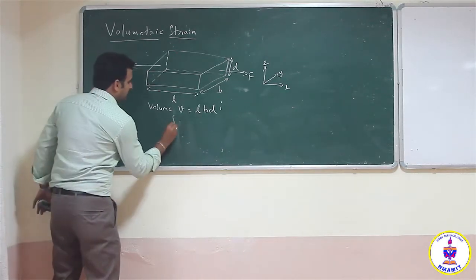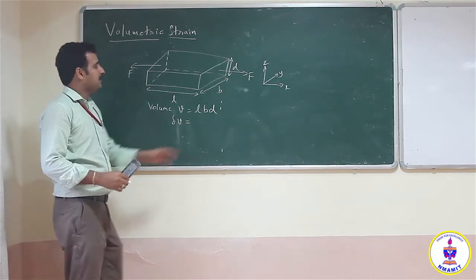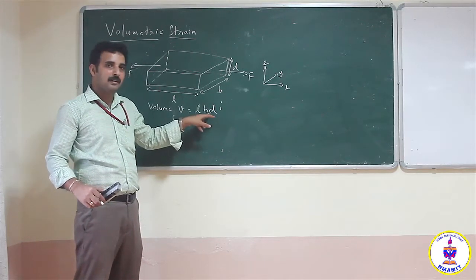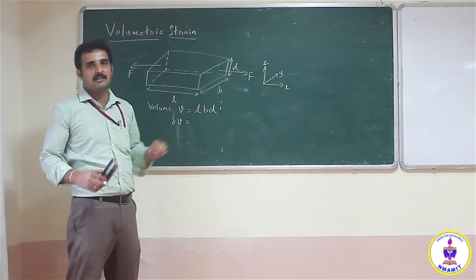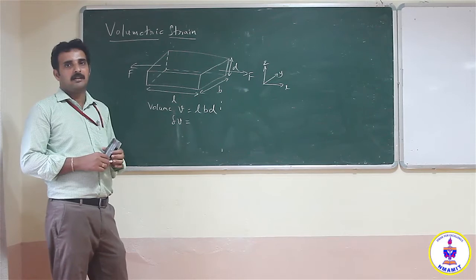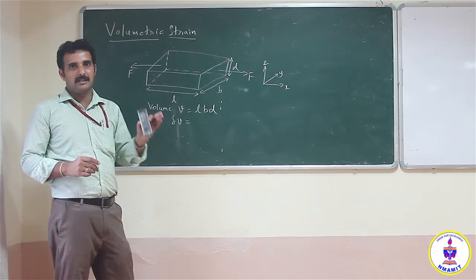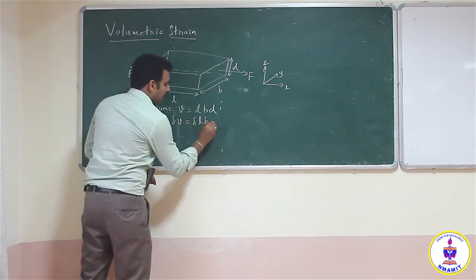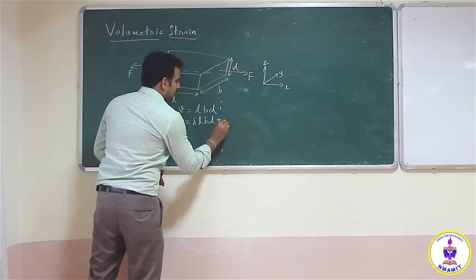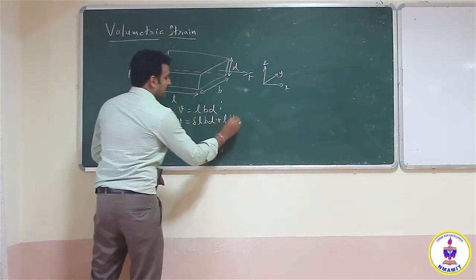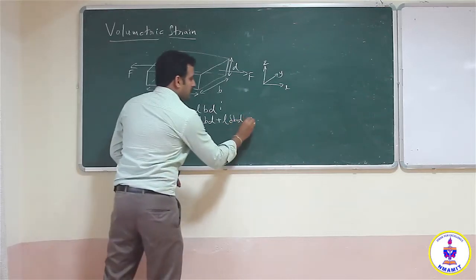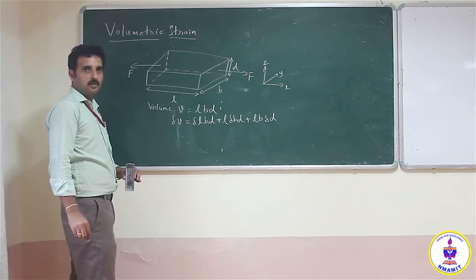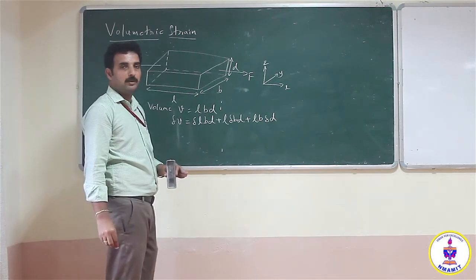We can represent delta V as the change in the length keeping width and depth constant, plus the change in the width keeping length and depth constant, plus the change in the depth keeping length and width constant. So delta V is delta L into B into D, plus L into delta B into D, plus L into B into delta D.